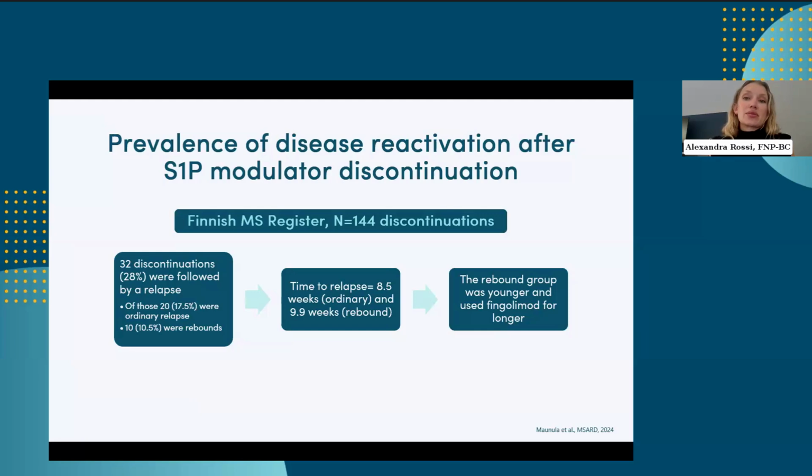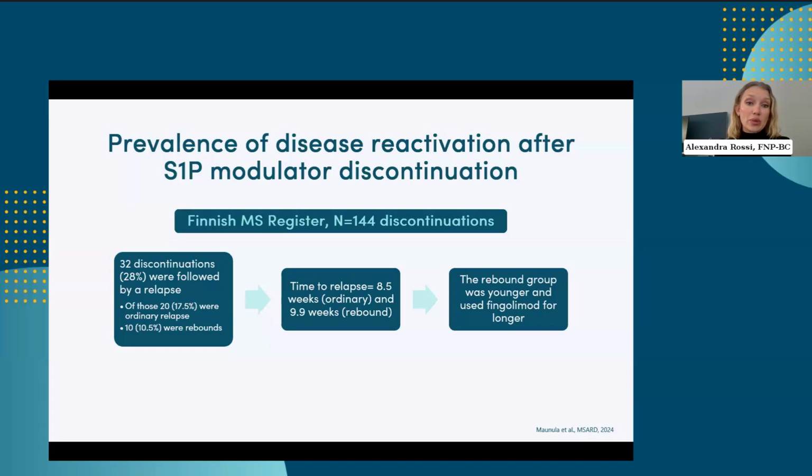So what's the prevalence of disease reactivation after S1P modulator discontinuation? This is a lot of the same conversation, but with a little bit different numbers. This is a Finnish MS register study, with about 144 discontinuations. Again, what we found was about 28% were followed by a relapse.